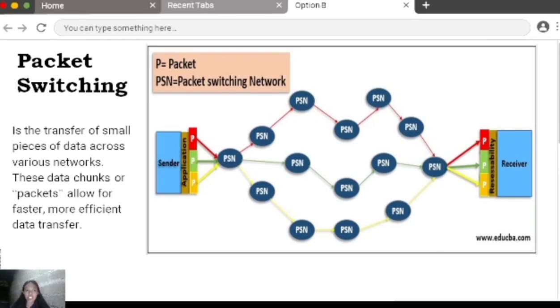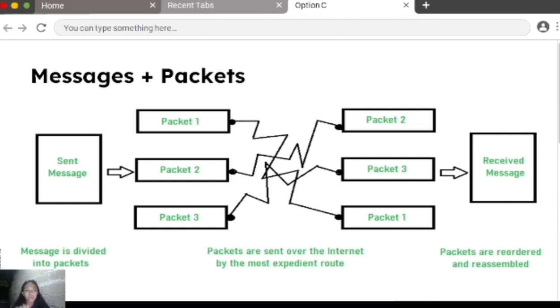Let's look first at the message plus packets. The message is the data sent over the internet. Before the message gets sent, it is broken into tiny pieces. As you can see on the screen, the sent message is divided into packets: packet 1, 2, and 3.